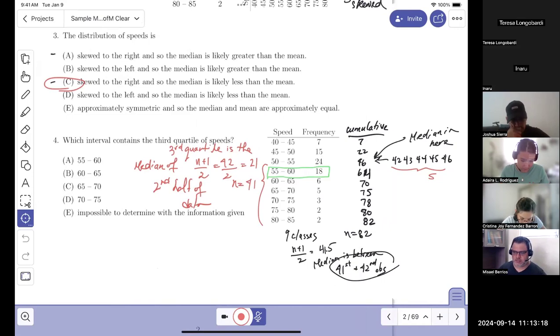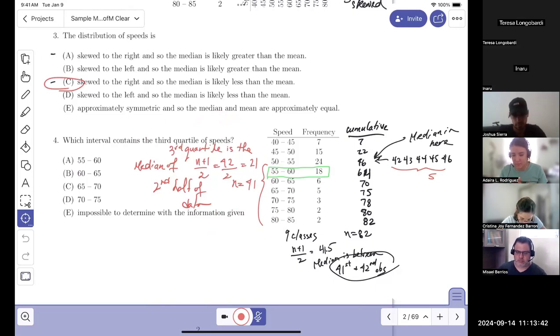Patricia is asking if Q3 can be 0.75 of N. That's one way to do it, but you might be wrong with these exercises because these exercises use this technique. In real life, that's a fine approximation of Q3, but in this course and with these problems, you have to do it this way, okay? It can be wrong sometimes.